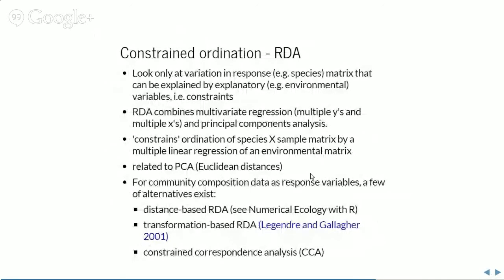And then of course there's classical options like either constrained or canonical correspondence analysis. They're the same thing. That are going to be based on a chi-squared distance. So you get a modal response. It can be good for some data.